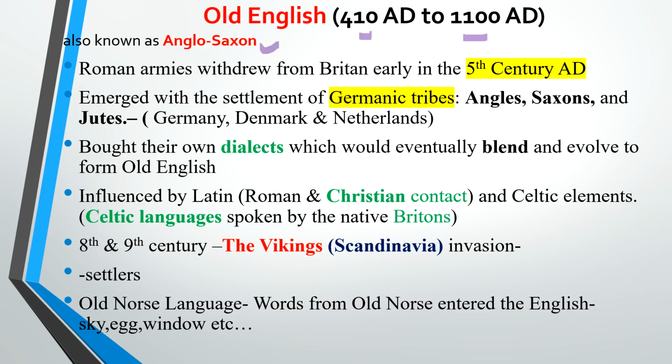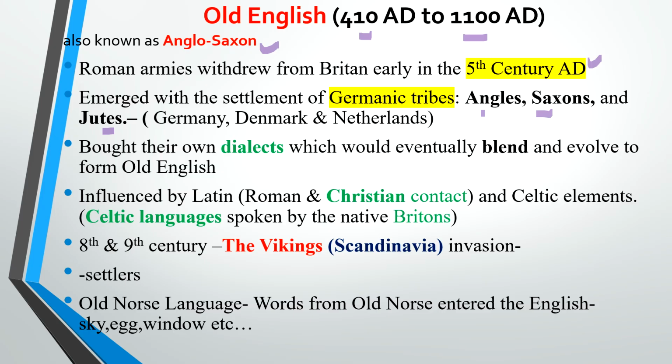When the Roman armies or Roman soldiers withdrew from Britain in 410 AD, that is early in the 5th century AD, three biggest Germanic tribes, Angles, Saxons, and Jutes, came to Britain in ships across the North Sea and settled in Britain.